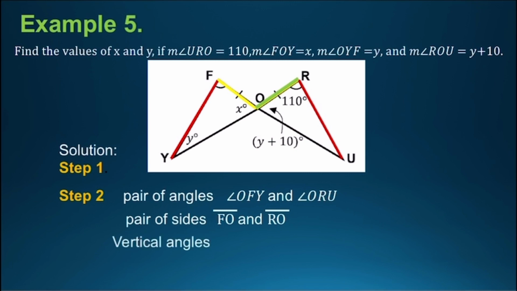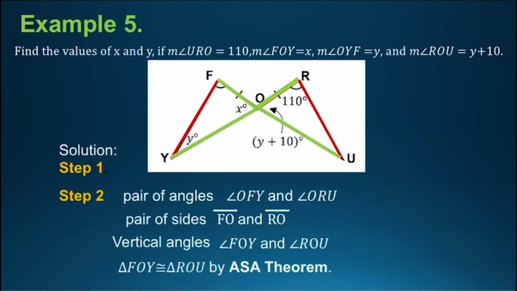In addition, another pair of congruent angles can be observed, which is our vertical angles, angle FOY and angle ROU. Therefore, triangle FOY is congruent to triangle ROU by the ASA theorem.